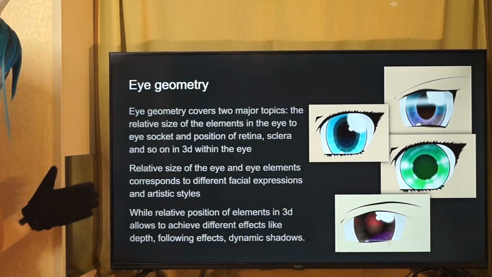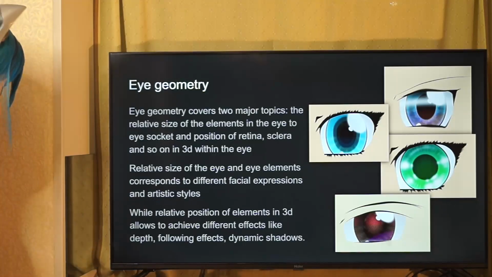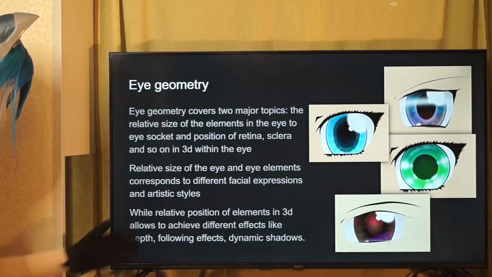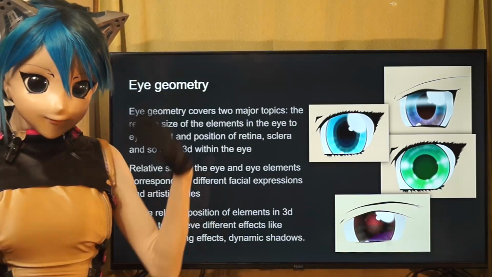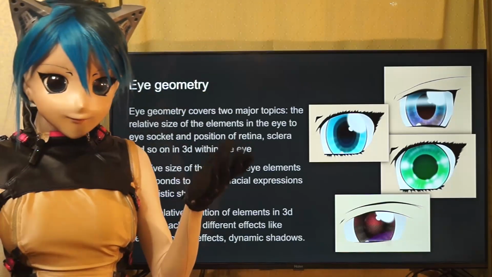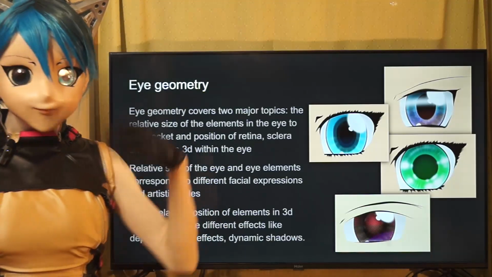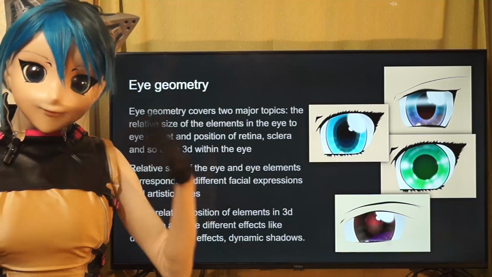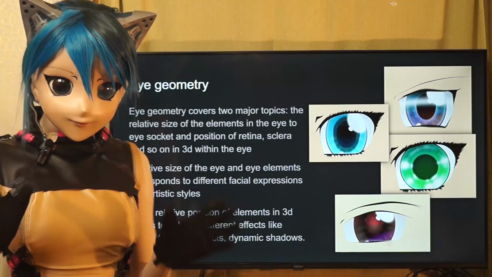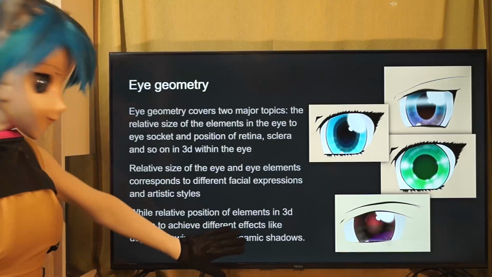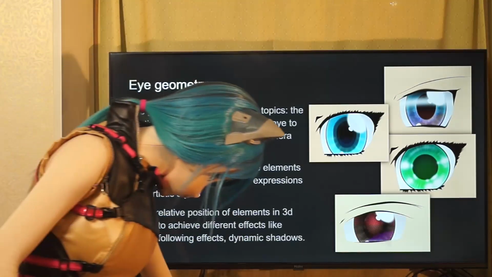So relative position is how to get different effects, and this is about not just eye expression and artistic style, but again dynamic shadows, special effects, following eyes, and something like that. So this is what we shall concentrate our attention on in this lecture.